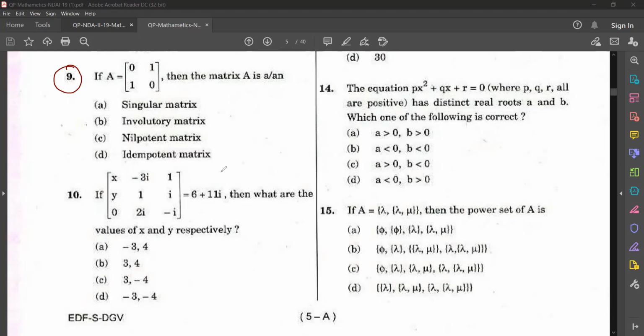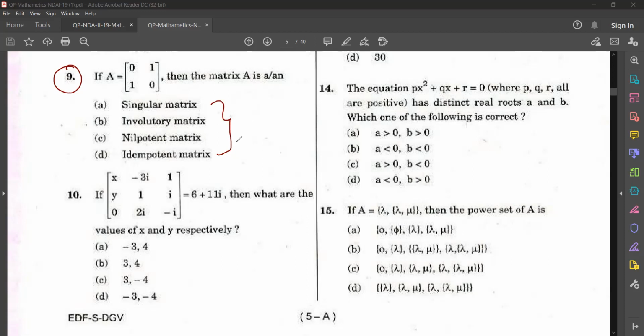Okay, all of you try this. Just check whether it is a singular matrix, involutory matrix, nilpotent matrix, or idempotent matrix. For solving this question, you need to know the meaning of these types of matrices.